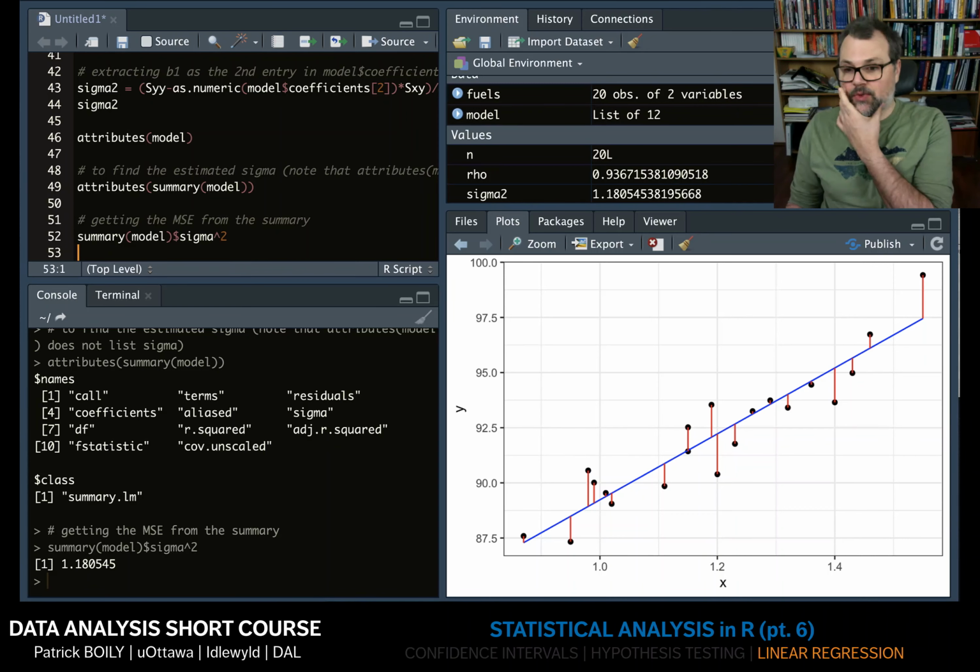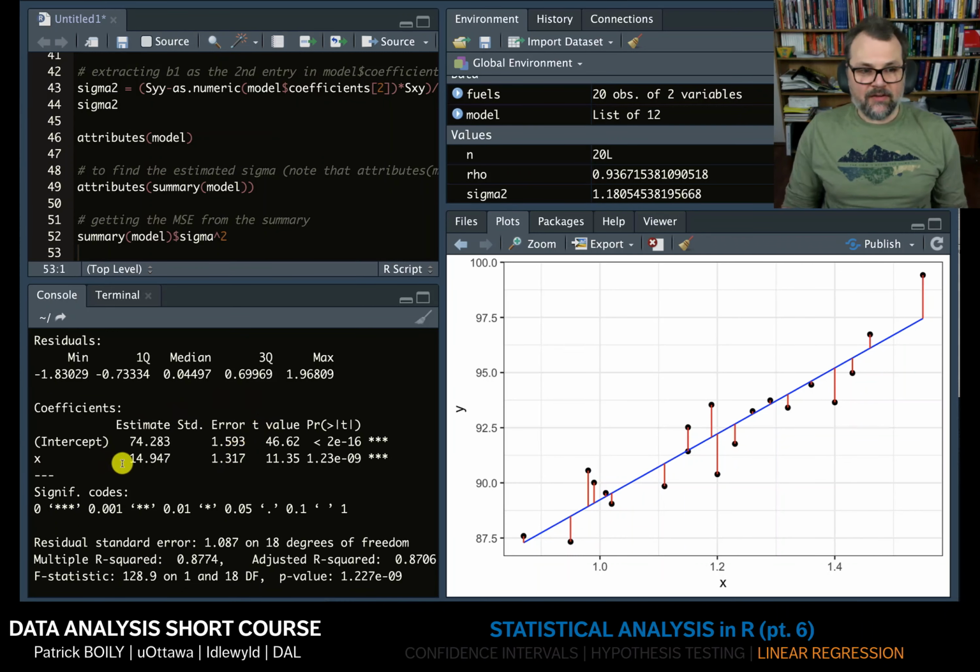So now you might be interested in testing some of these statistics. Let me output the summary of the model again. We have an estimate for the intercept, an estimate for the slope, 74.28, 14.95. Based on the data that we've observed, we've computed these estimates, and we can run various tests.